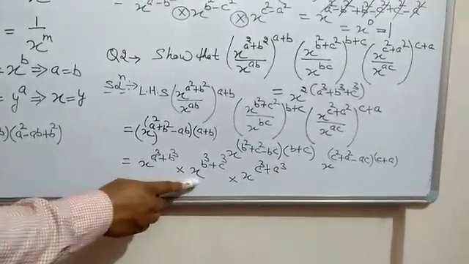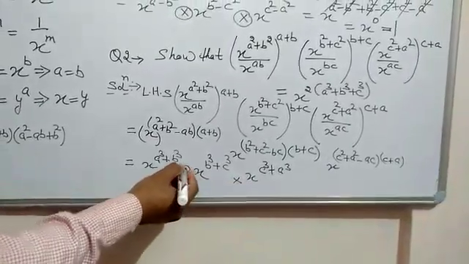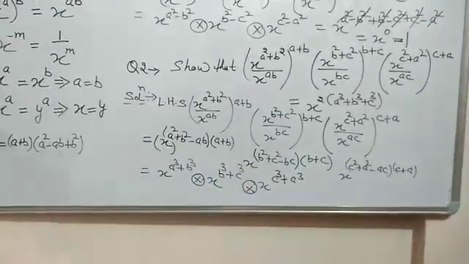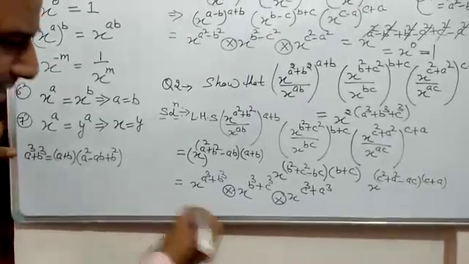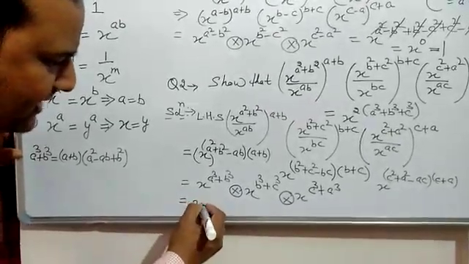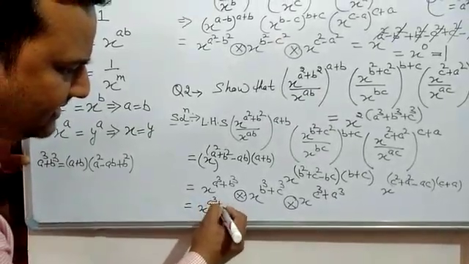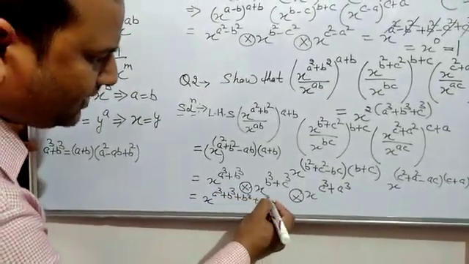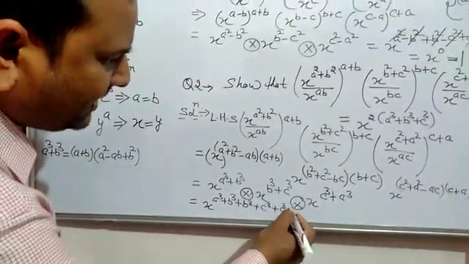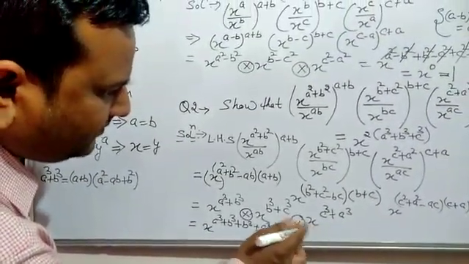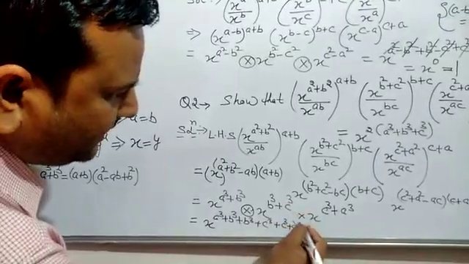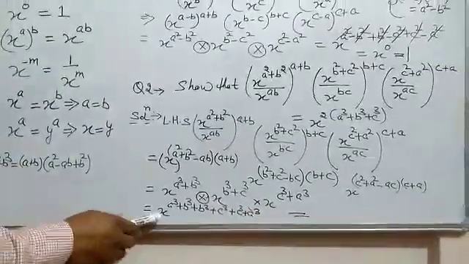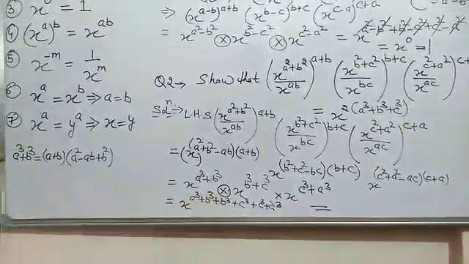Again we have all the bases same with the sign of multiplication. Then we already know that if the bases are same with the sign of multiplication, the powers should be added. So x to the power a cube plus b cube plus b cube plus c cube plus c cube plus a cube, which further equals, now you can see that a cube two times.